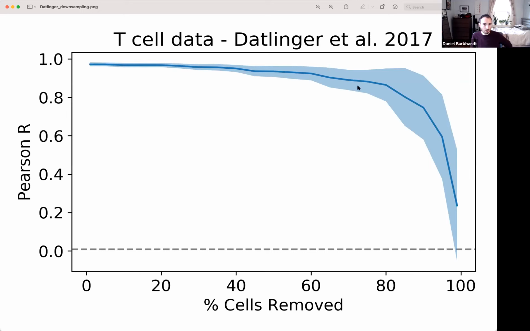The full data set was, say, 5,000 cells or something like that. This is across random draws, and of course, as you go down, there's more variation. 1% of 5,000 is 50, so 90% or something. It's not terrible, but it's not as good, that's for sure. Okay, great.